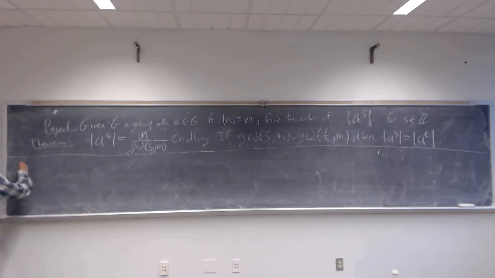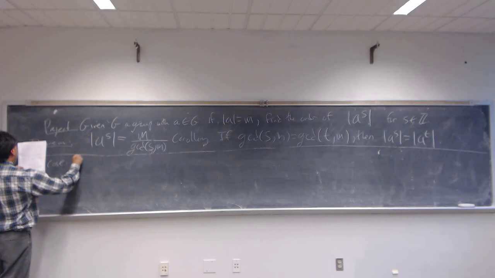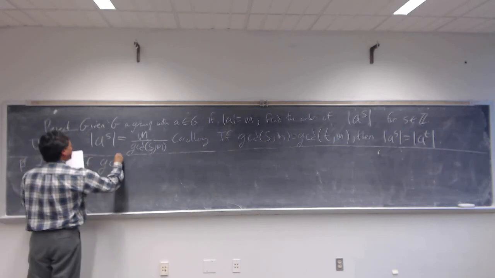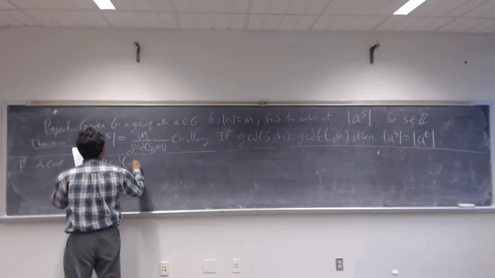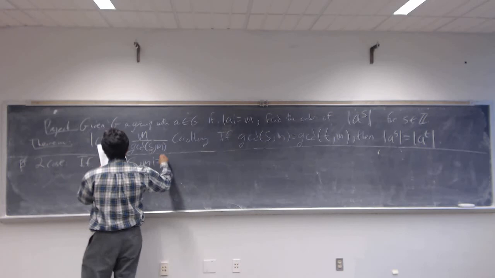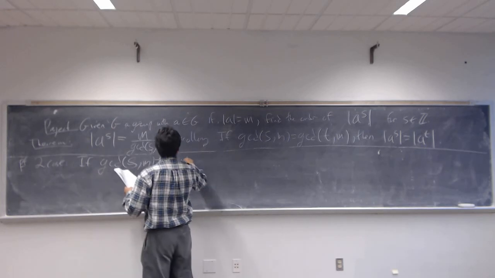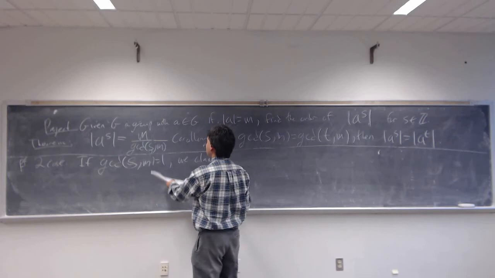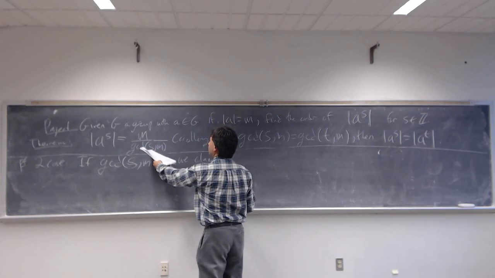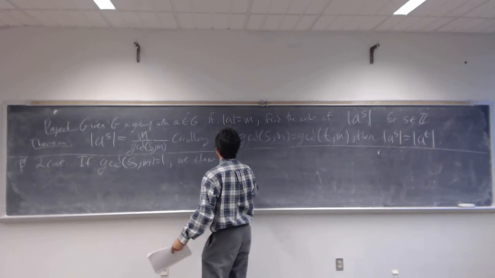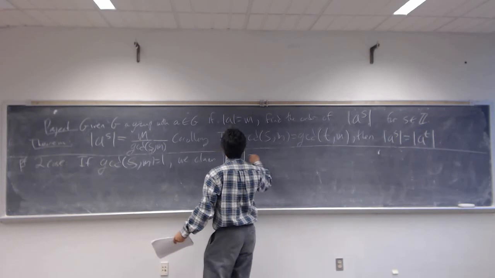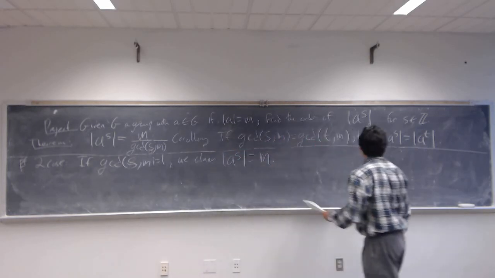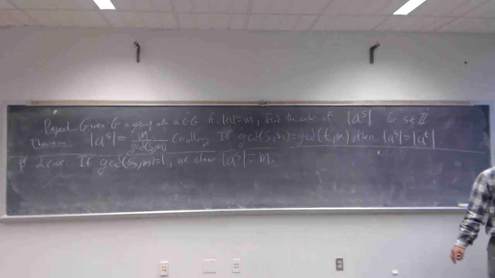So we're split into two cases. If the GCD of s and m equals 1, we claim, well, m divided by the GCD of s and m, if it's 1, m divided by 1 would be m. So we claim that the order of a to the s would equal m.